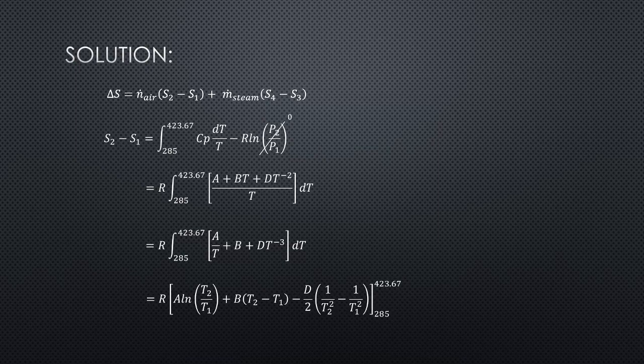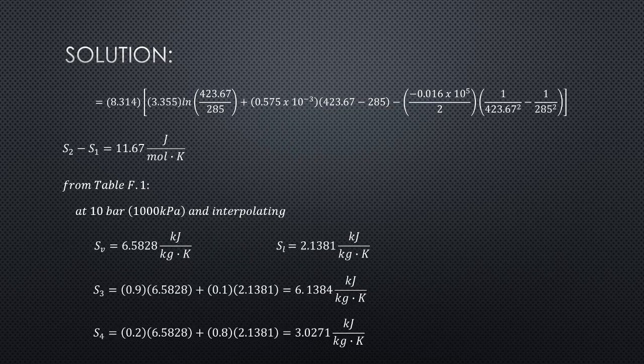So if we substitute these values, the equation for Cp, and then integrating, we get this equation here below. So if we substitute all of the values that we obtained before, we ultimately get the change of entropy of the airstream, that is equal to 11.67 joules per mole K.